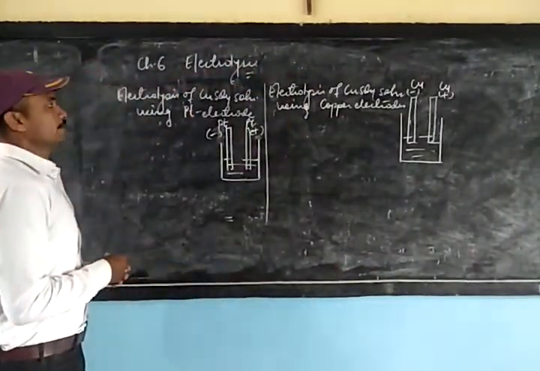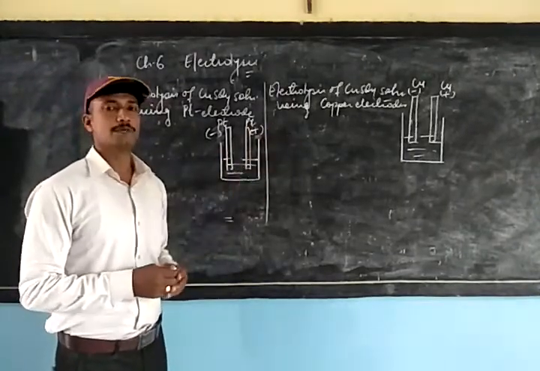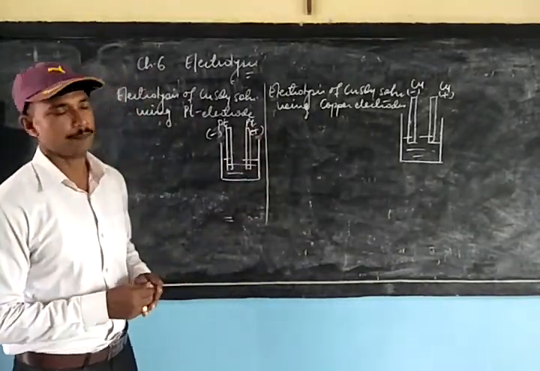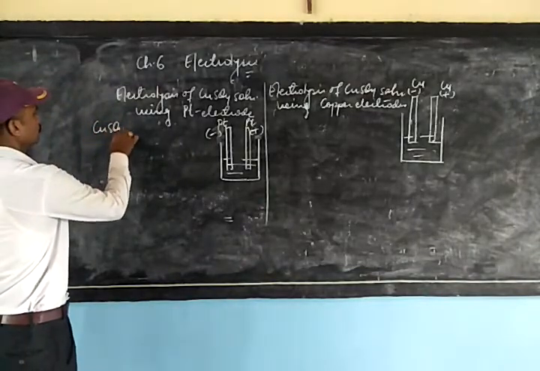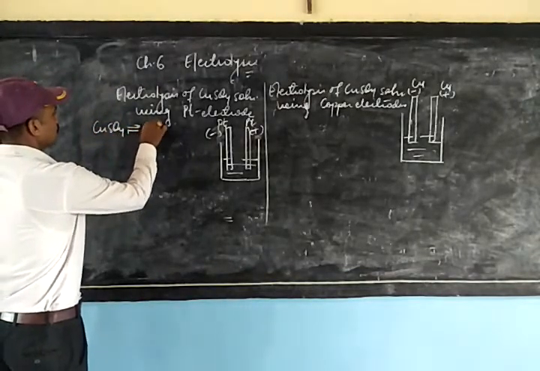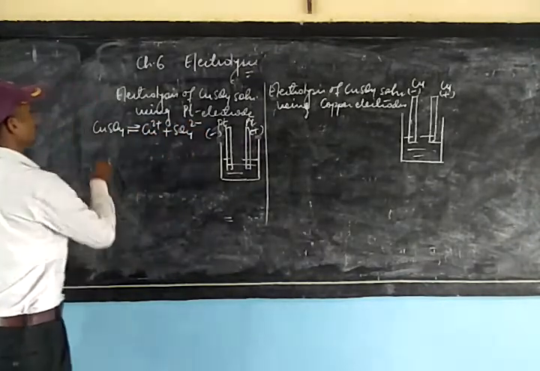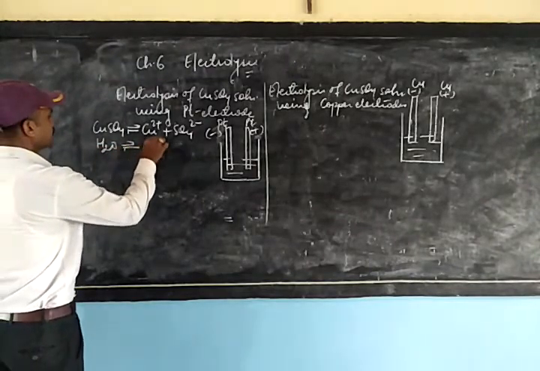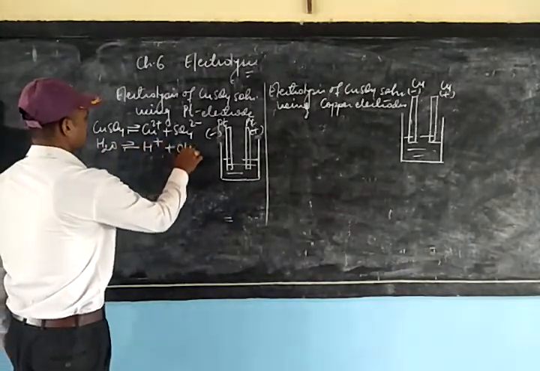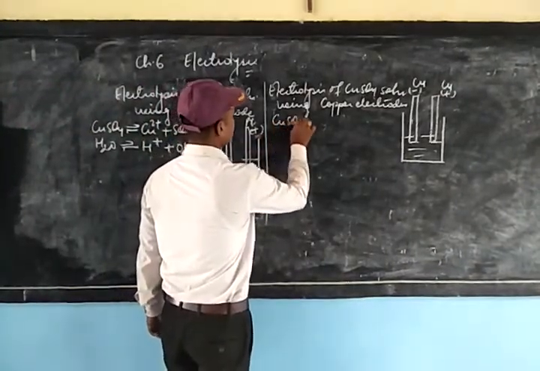So far the ionization of the solution, that is copper sulfate solution concerned, it will be same. So we can write CuSO4 gives Cu2+ and SO4 2-. Same way H2O will be changed to H+ and OH- ion. In this case also we can write the same thing.